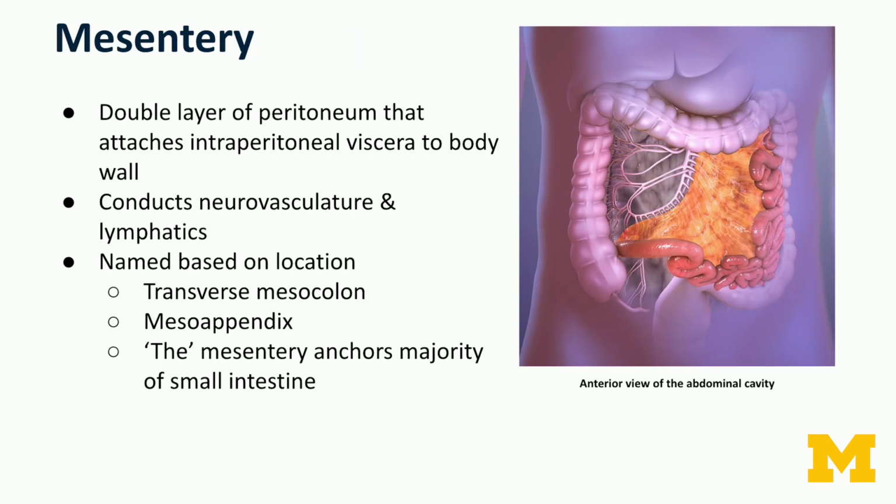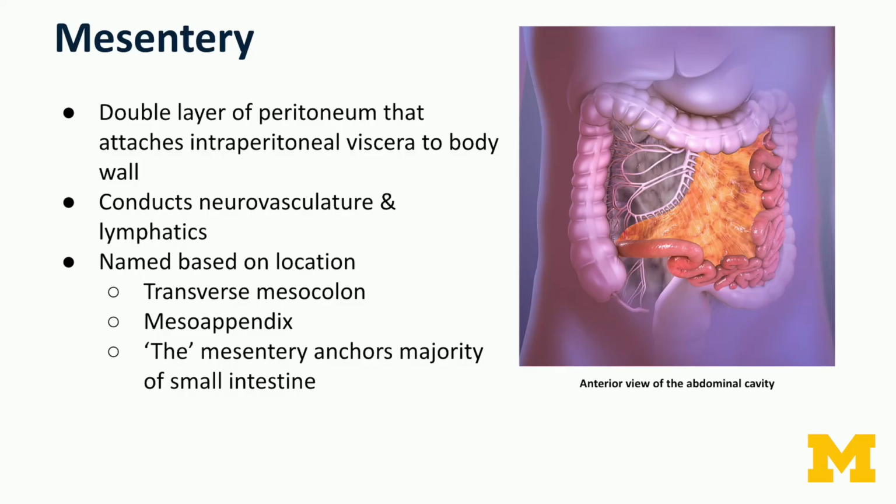So mesentery is going to be a double layer of visceral peritoneum that is going to anchor an intraperitoneal organ to the body wall. It's within mesentery that any of the neurovasculature, so the nervous plexuses or the vessels that supply blood to or drain blood from the digestive organs, are going to be transmitted.